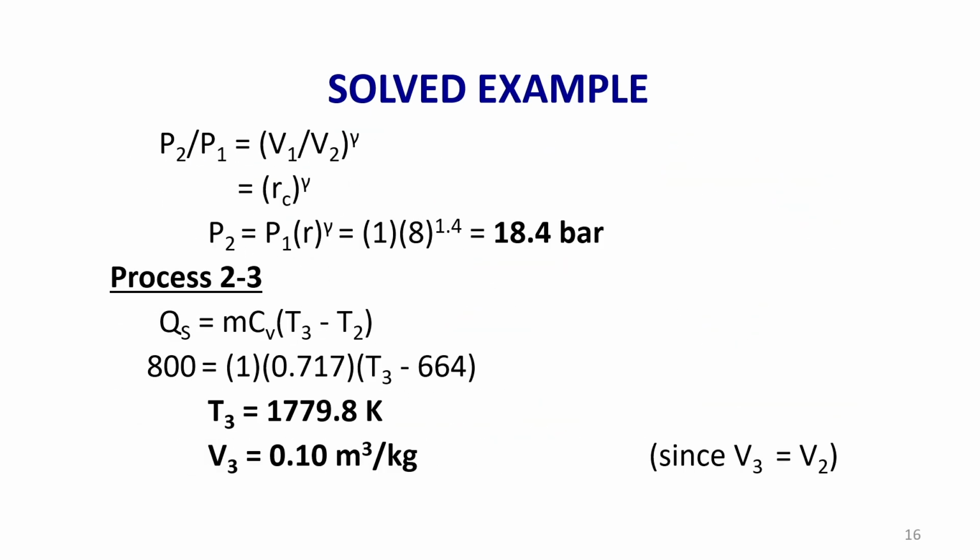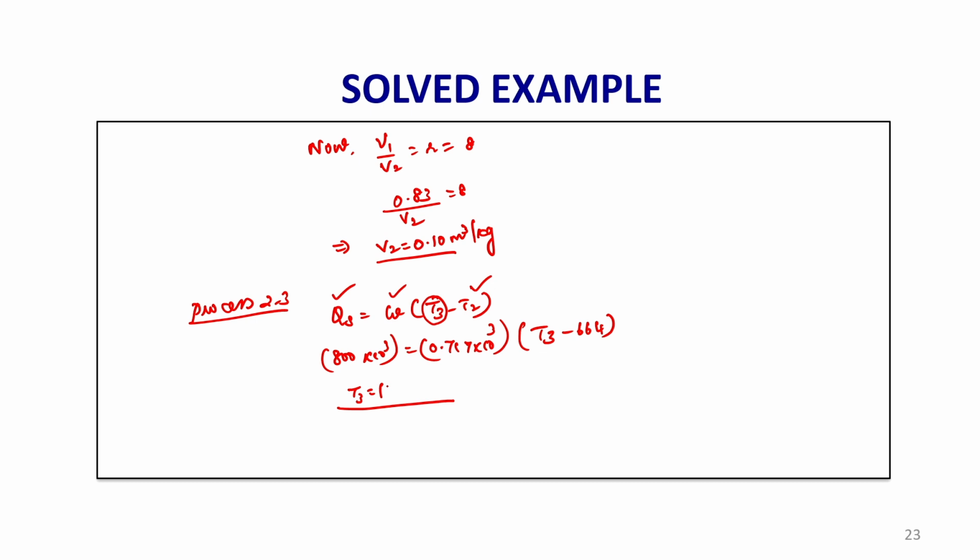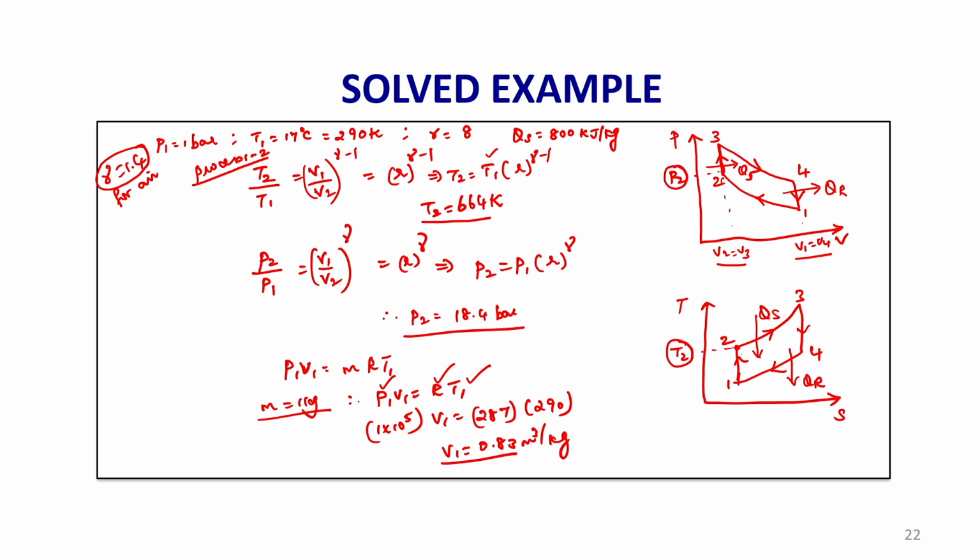The value of T3 is 1779, approximately 1780 Kelvin, which is the maximum or peak temperature attained in the cycle. So, T3 is equal to 1779.8 Kelvin.